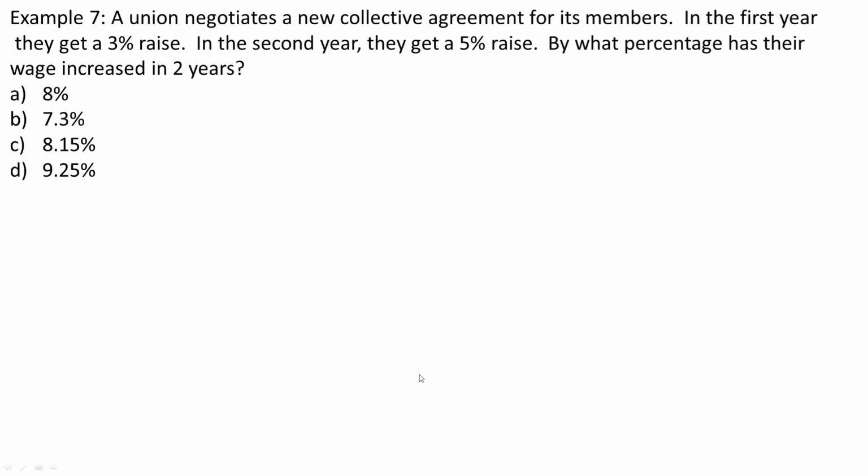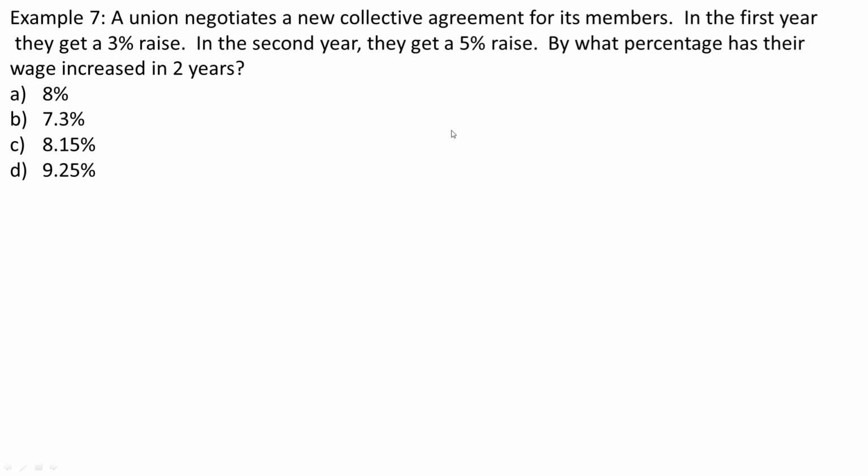Question number 7, a union negotiates a new collective agreement for its members. In the first year, they get a 3% raise. In the second year, they get a 5% raise. So the question is, by what percentage has their wage increased over the 2 years? This is another multiple choice question.